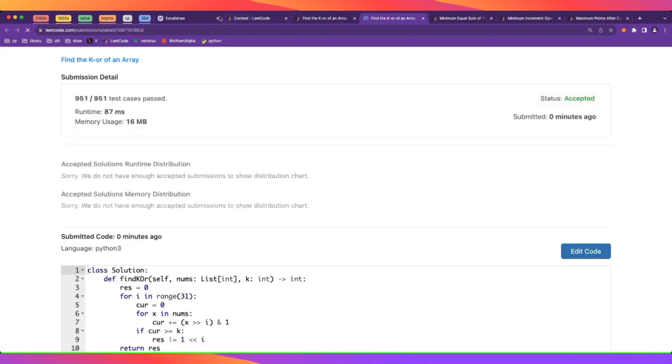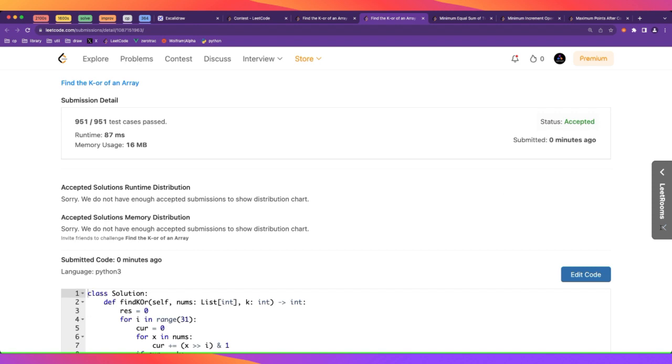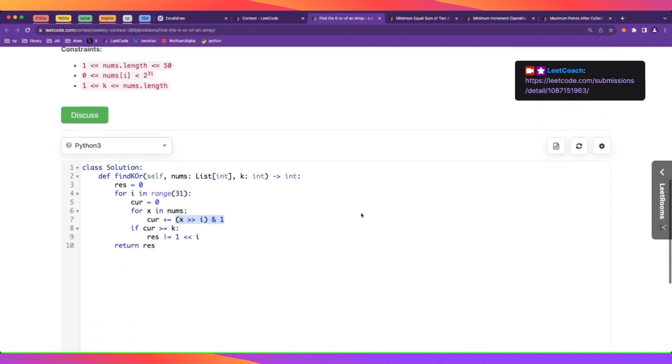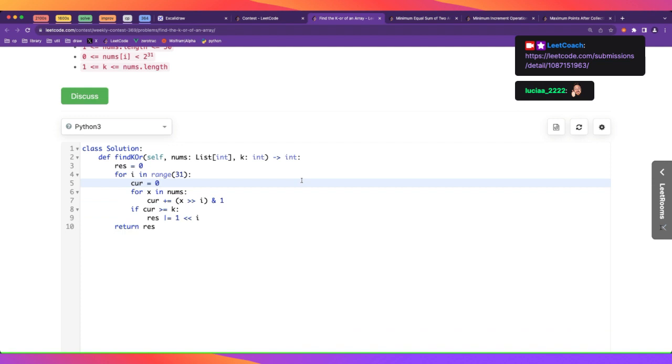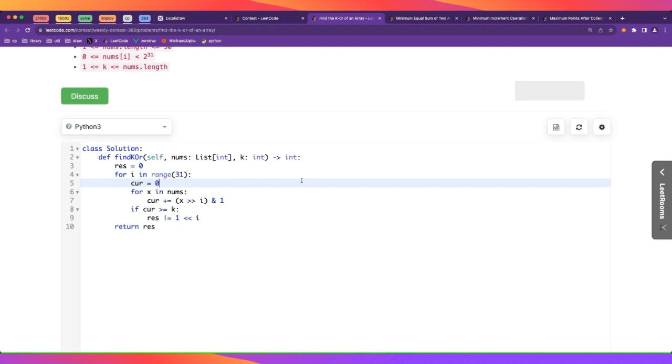Let me share the link to my submission. But yeah, this solution is very easily translatable to C++ or Java or other languages.